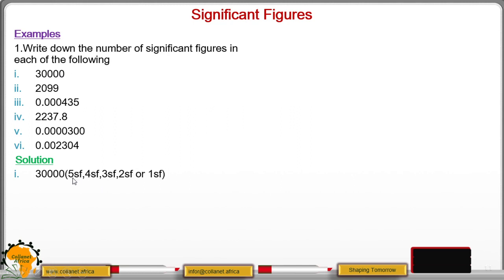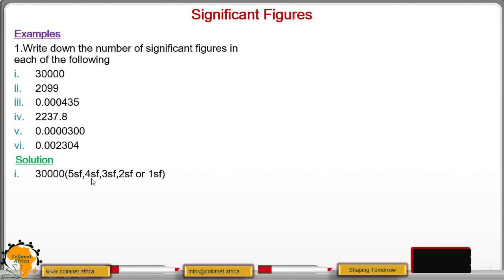So this will be correct to 5 significant figures if all zeros are important. Then if the last 0 is not important, it will be correct to 4 significant figures, to 3 significant figures, to 2 significant figures, and even to 1 significant figure, because these zeros may or may not be significant. If it is correct to 5 significant figures, then all the zeros are important, therefore it will be 1, 2, 3, 4, and 5.